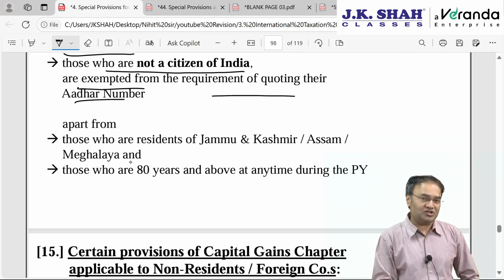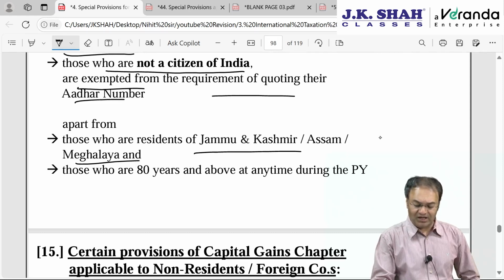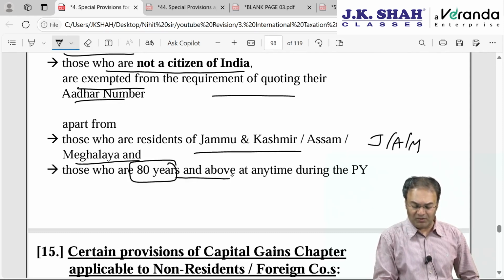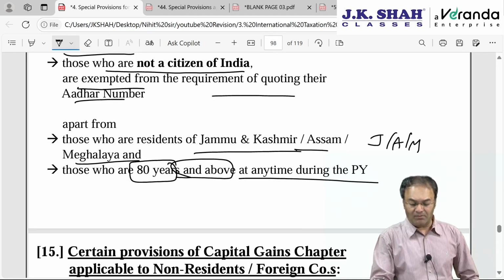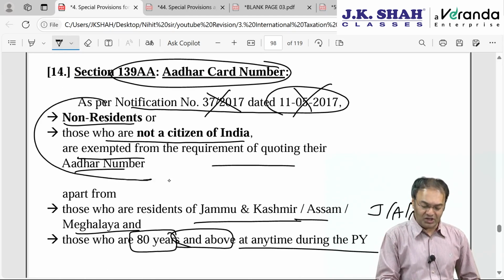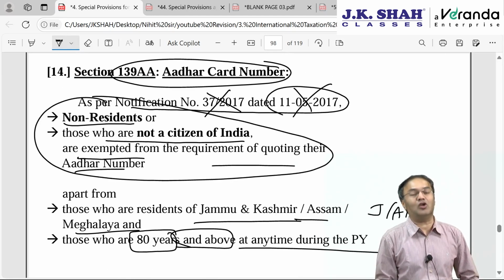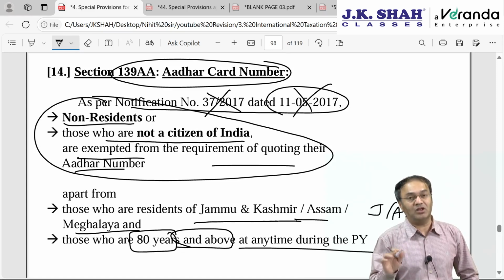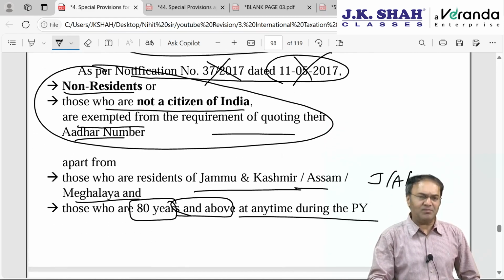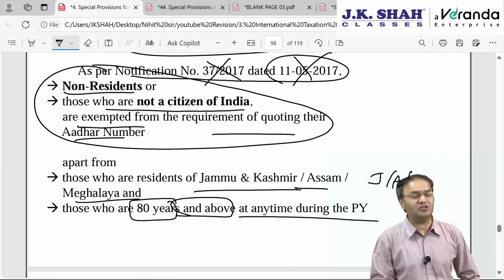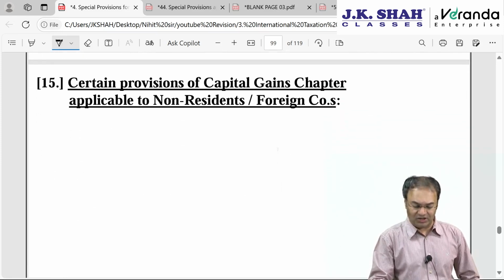Apart from those who are staying in Jammu Kashmir, Assam, Meghalaya, or those who are 80 years and above at any time during the previous year. Barring these 2 categories, non-residents and non-Indian citizens are not required to apply for an Aadhaar number. Even for PAN number, non-residents are exceptions, but Aadhaar number also as per CBDT.